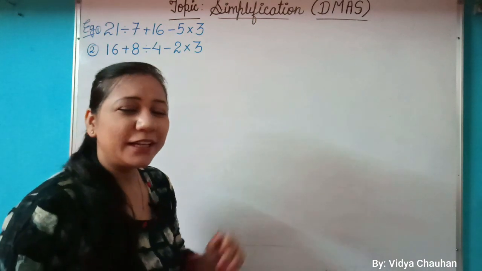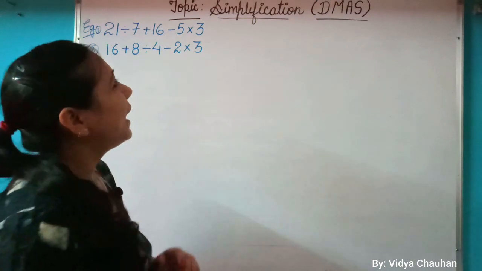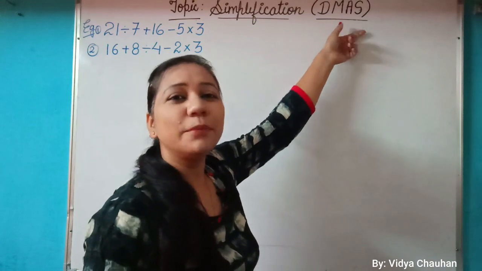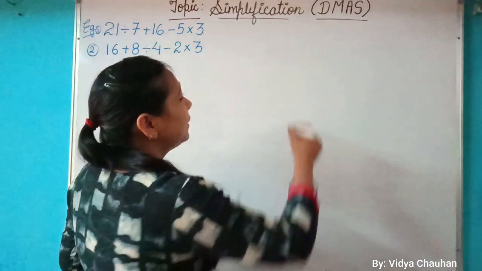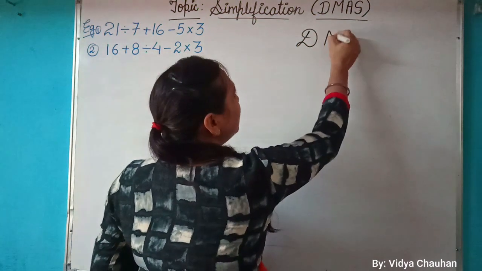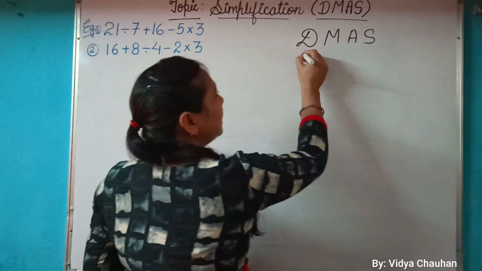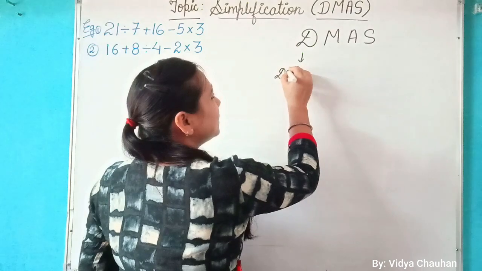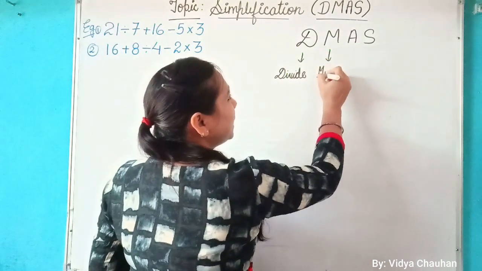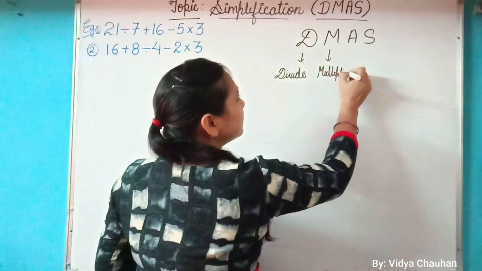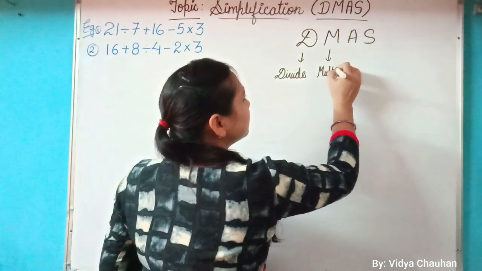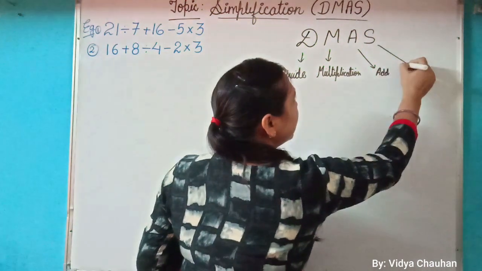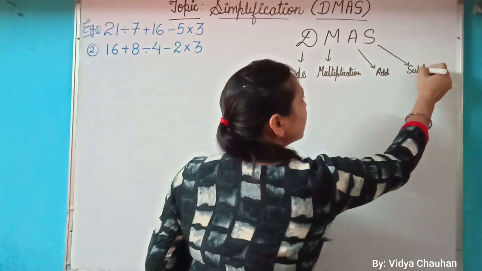Yes, in mathematics we have a rule for that also, and the simplest rule is called the DEMAS rule, where D means division, M stands for multiplication, A stands for addition, and S stands for subtraction.